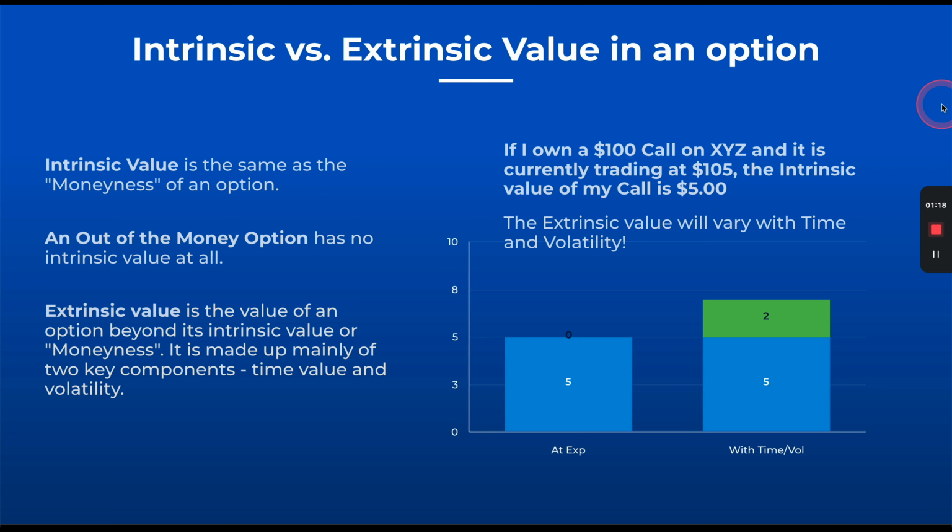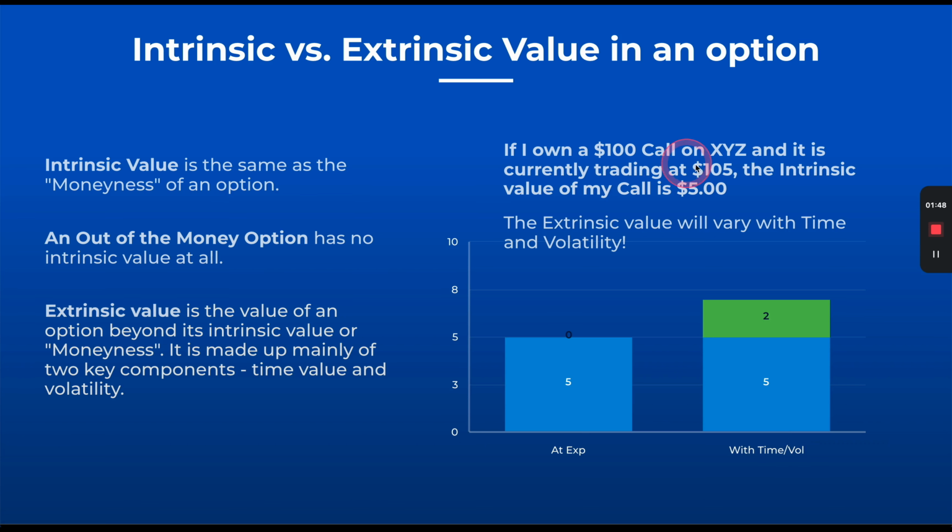Again, to help drive that point home, if we are at expiration and I own a $100 call and it's trading at $105, well, I'm $5 in the money and my option at expiration is going to be worth $5. Now, if there is some time and volatility still in play, in other words, let's say I am 2 weeks before expiration of this option and I have the same scenario.